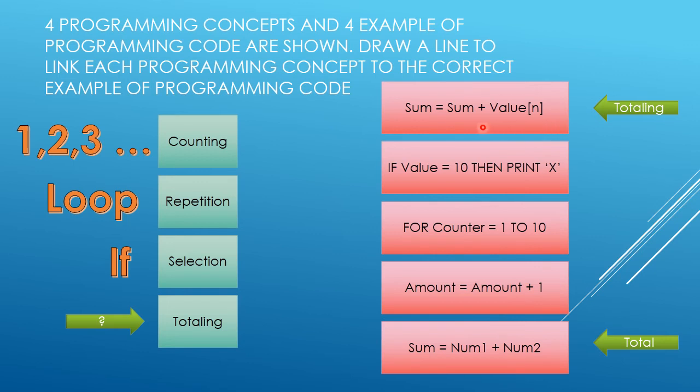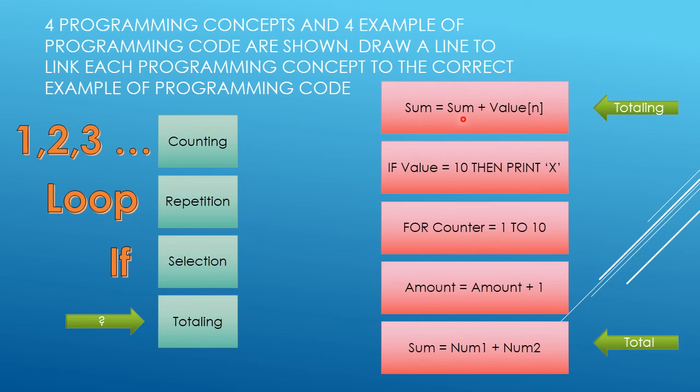This, however, is totaling. See the arrow here? Why is it totaling? Because you are adding something into sum, then taking the next element of the array and adding it into sum, and then going to the next element and adding it into sum.